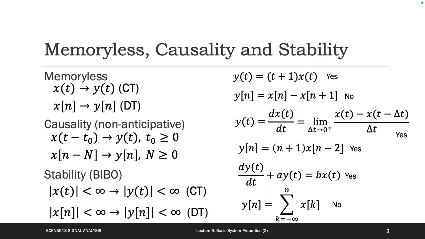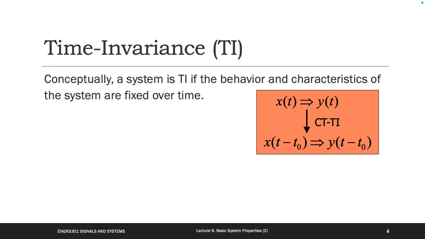Again, when my t equals 0, will the output value change for the same RC circuit? It will not change, am I right? The value will not change. Time invariance is just talking about that.